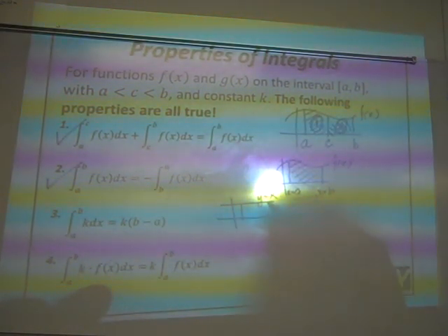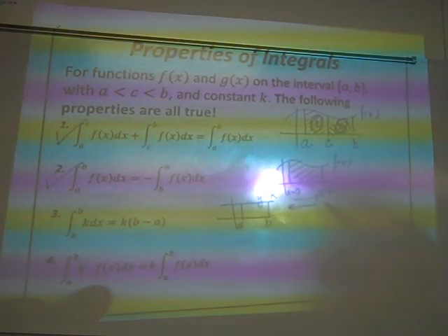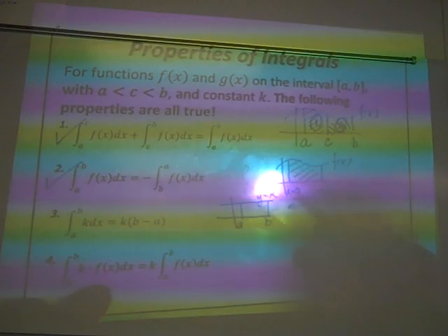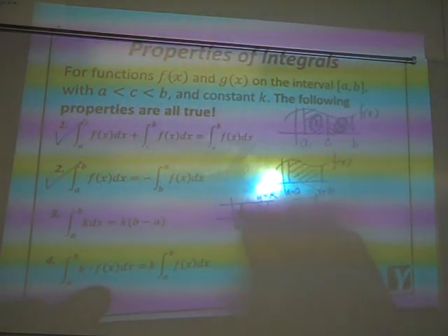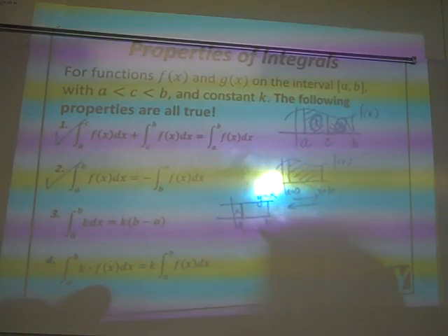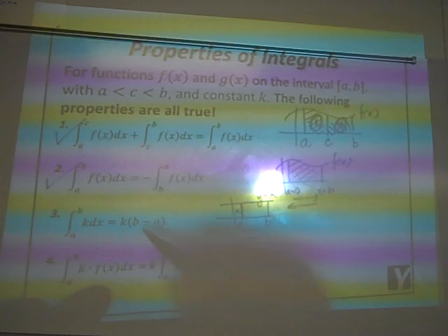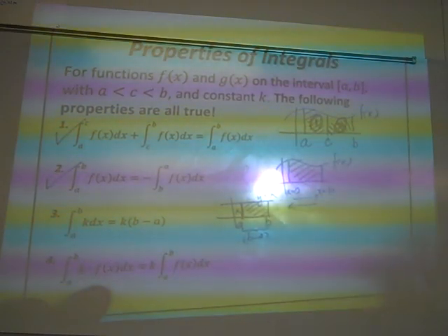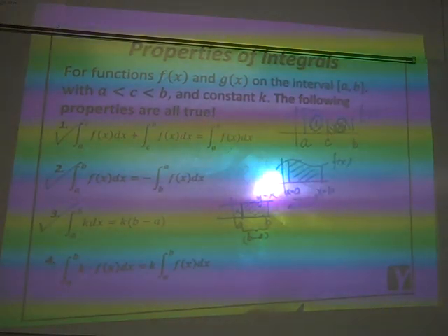If I find the integral from a to b, there's a, there's b. What I just created is a rectangle. The way I find the area of a rectangle is I take the height, which is k, times the length, which is b minus a, and I get k times b minus a is that area over there. We'll check that one off the list.